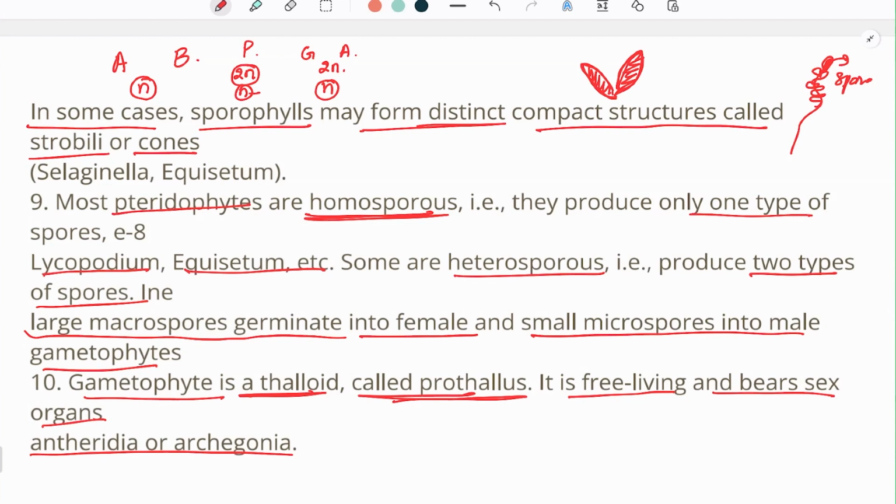And when these male and female spores germinate, they give rise to the gametophytic plant body, which is a prothallus. This prothallus is living and bears sex organs, antheridia and archegonia. When these two fuse, it will give rise to the sporophytic plant body. So we have understood the cycle that is going on.